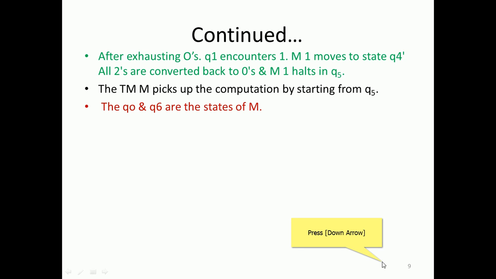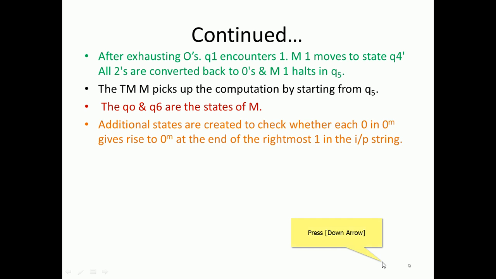Q0 and Q6 are states of the machine. Additional states are created to verify that each zero in 0^m gives rise to 0^n, at the end of the rightmost 1 in the input.